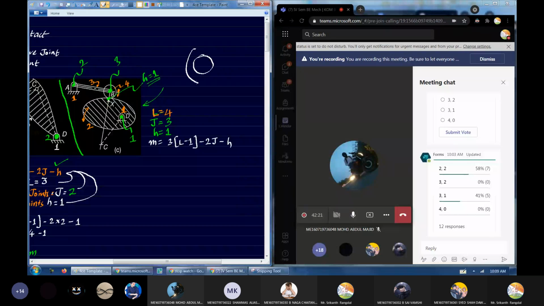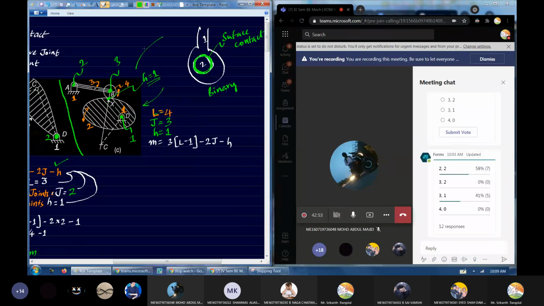If there is a revolute joint, it will be somewhat like this. This is one link, there is a pin at the center, this is the second link. The complete surface is in contact, so this is a surface contact. When this is the case, this is a binary joint.